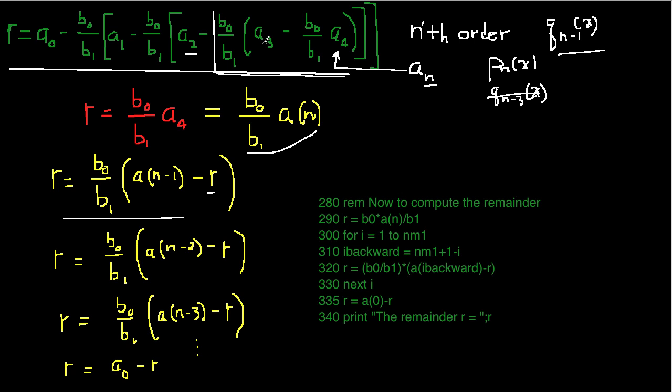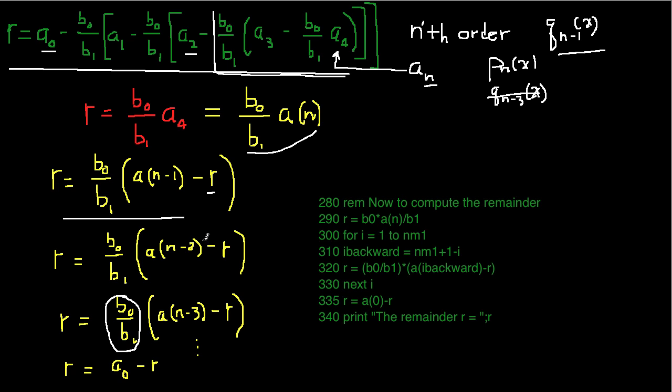And we keep going using this pattern of calculations over and over again. Now, when we get to the very end, the last estimate for r is different, because the last estimate for r is simply a0 minus the previous estimate. We don't multiply by the b0 divided by b1 for this last estimate.